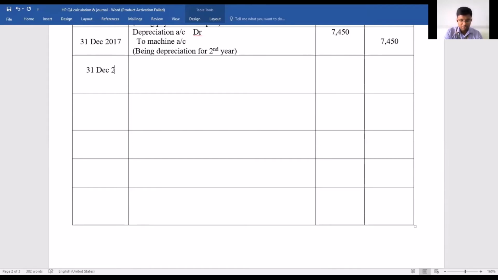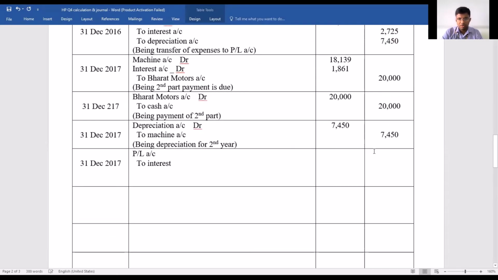Finally, 31st December 2017, you're transferring all the amounts into profit and loss account. What are the expenses we have to transfer? We have to transfer interest. So interest amount is 1,861, and depreciation amount is 7,450.